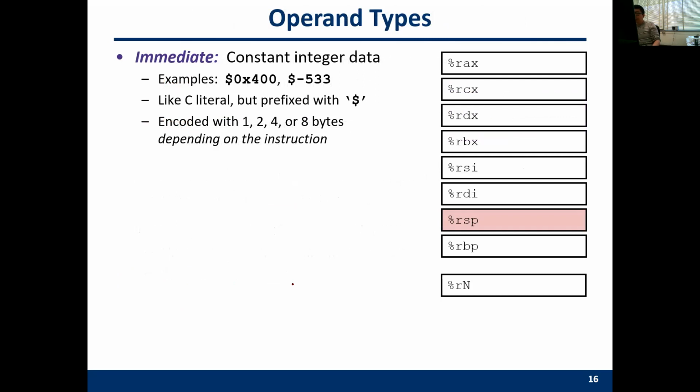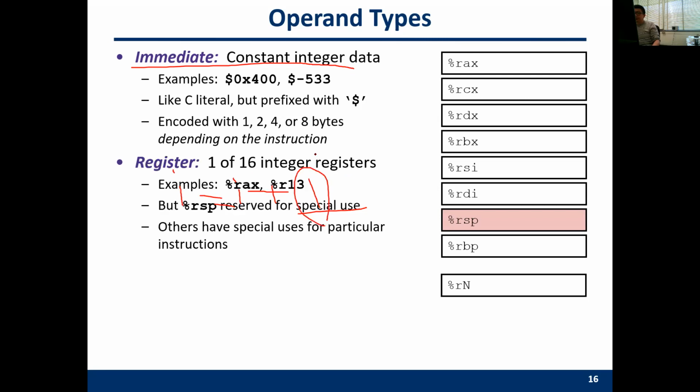For the operand, we have different types. We have the so-called immediate operand, which is actually a constant number. When you want to perform this, one is an immediate number.